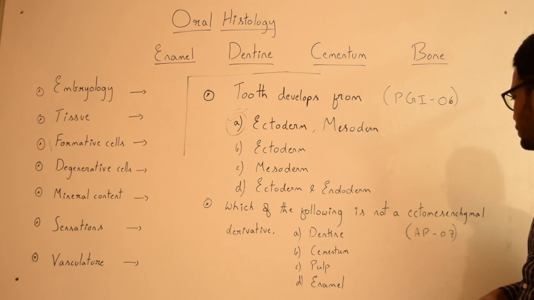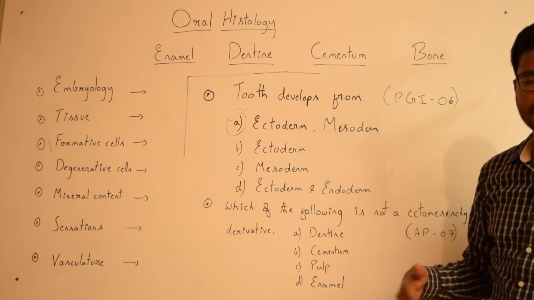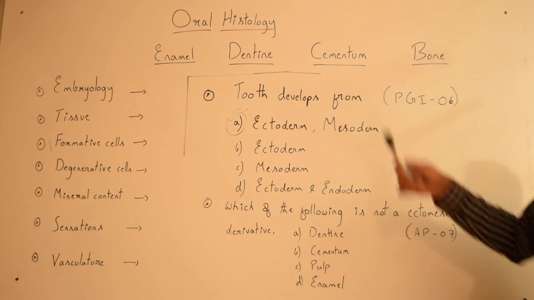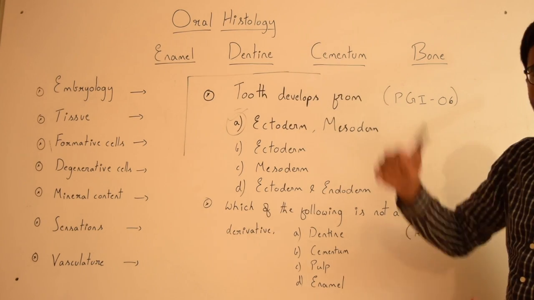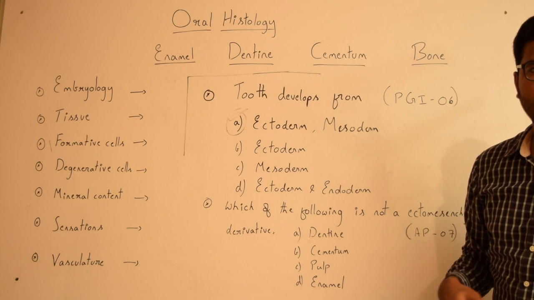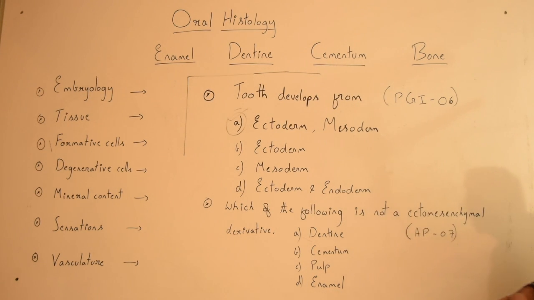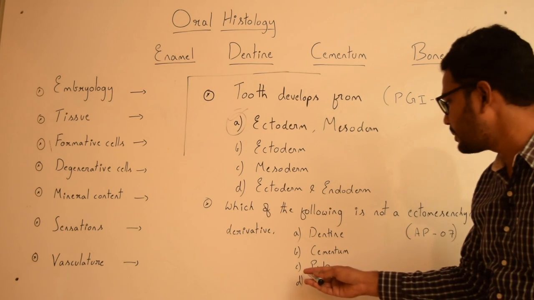And now let's see another question. Which of the following is not an ectomesenchymal derivative? So more or less the same question. So enamel has its origin from ectoderm, whereas dentin, cementum and pulp have their origins from ectomesenchyme. So the answer here is enamel.